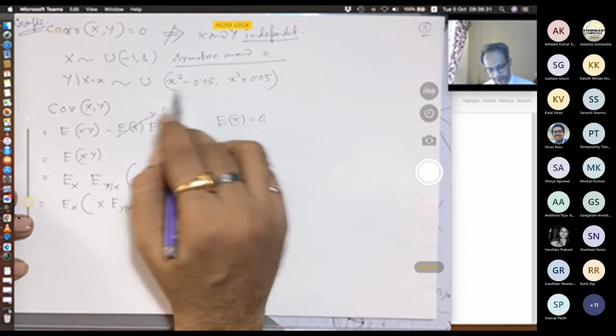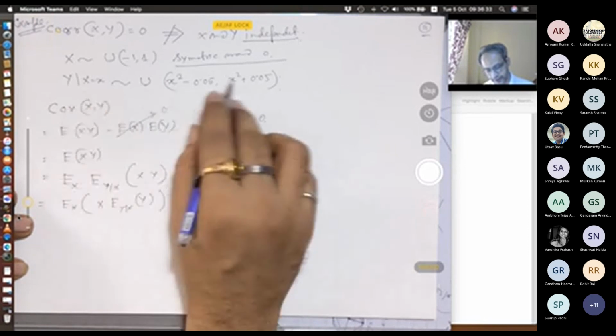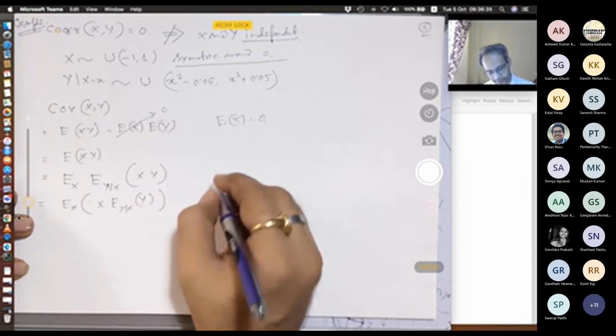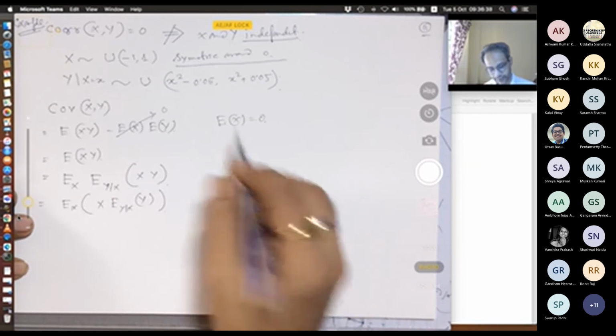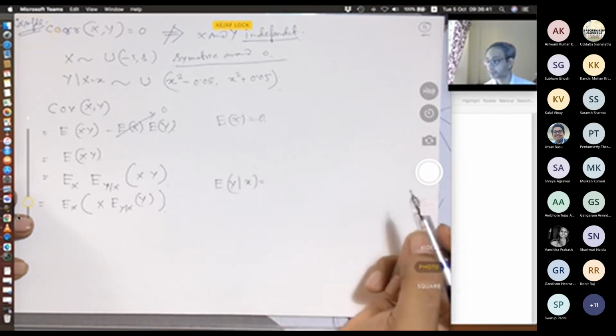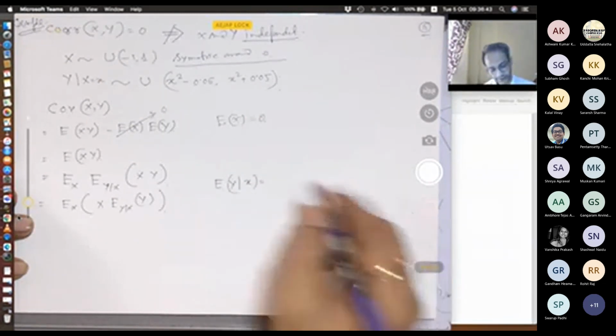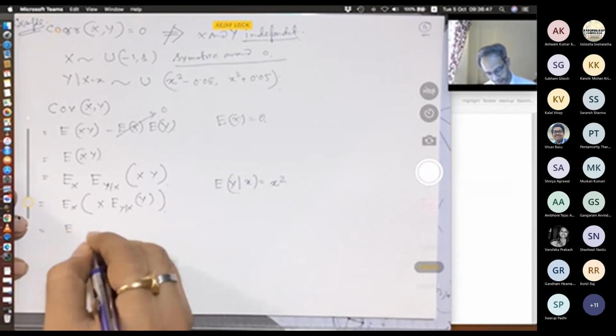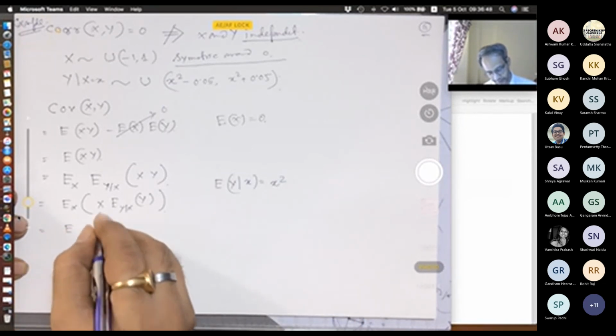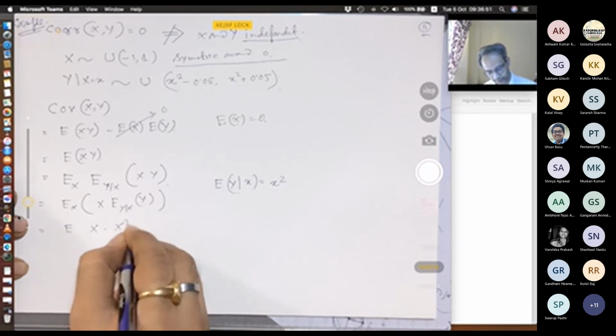Okay, so from here, this is the conditional distribution of y given x. So what is expectation of y given x? Can you quickly tell me? X square. X square. So this is expectation of x into x square.